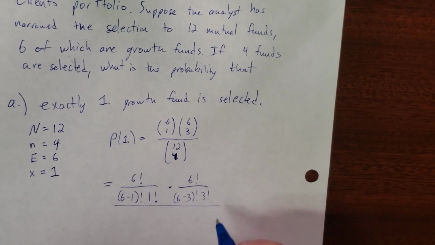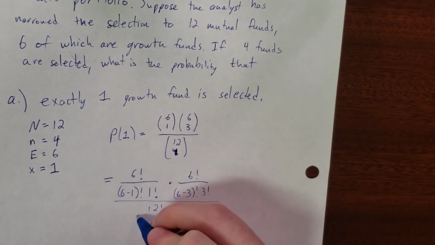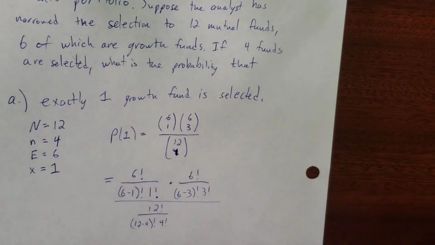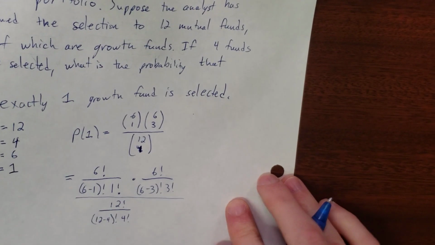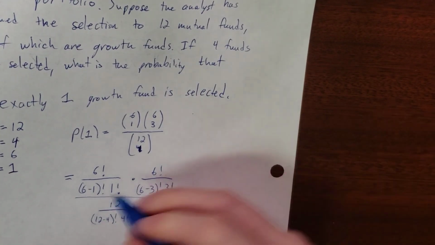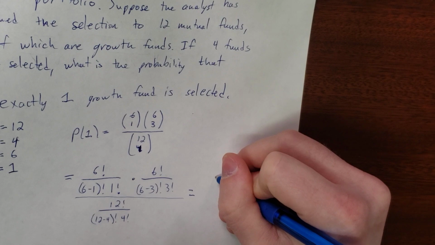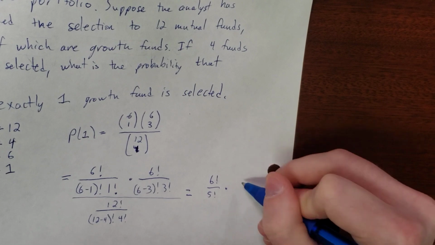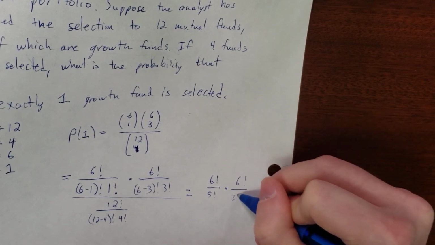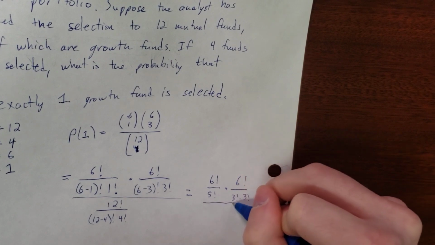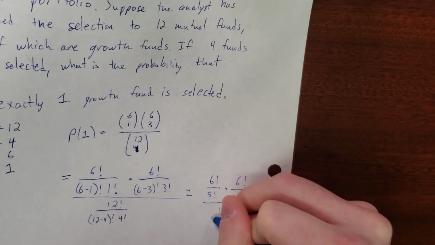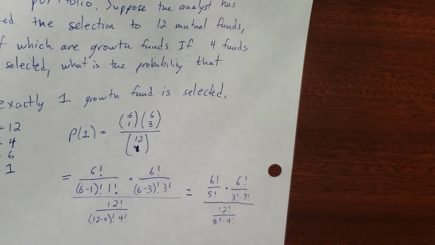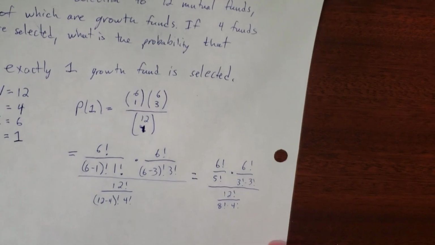And this is all divided by 12 factorial over 12 minus 4 factorial times 4 factorial. We can keep narrowing this down. This is 6 factorial over 5 factorial times 6 factorial over 3 factorial times 3 factorial, all divided by 12 factorial over 8 factorial times 4 factorial. Well, what is that?